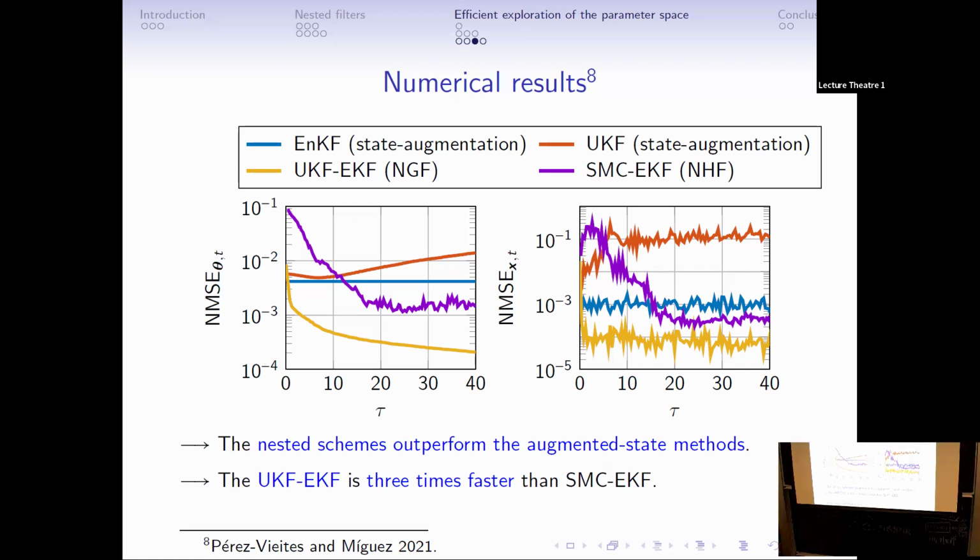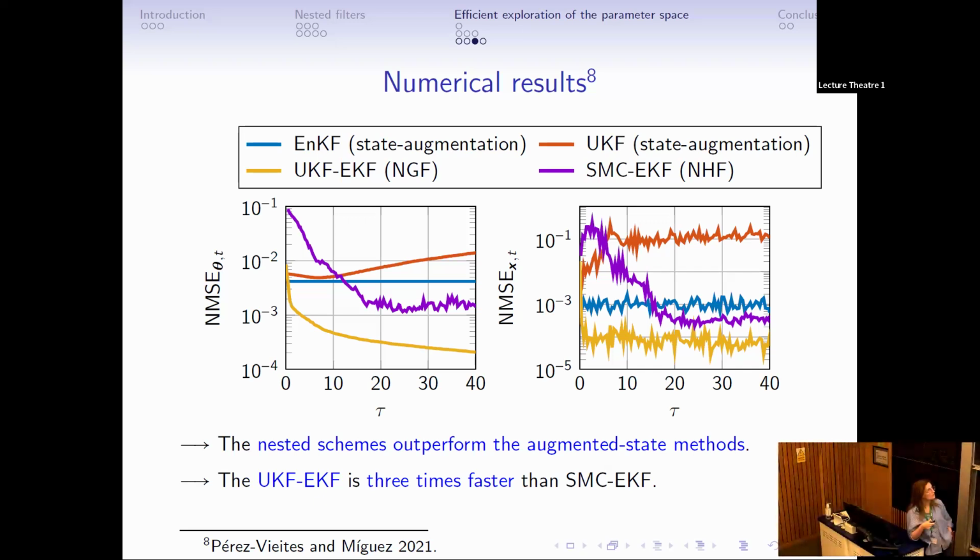Okay, and the four algorithms that I'm showing: one of them is the nested Gaussian filter that uses quadrature for theta, extended Kalman filters for the state, and also a nested hybrid filter. That means that we keep using some bootstrap or SMC for the parameters and Kalman filters for the states.